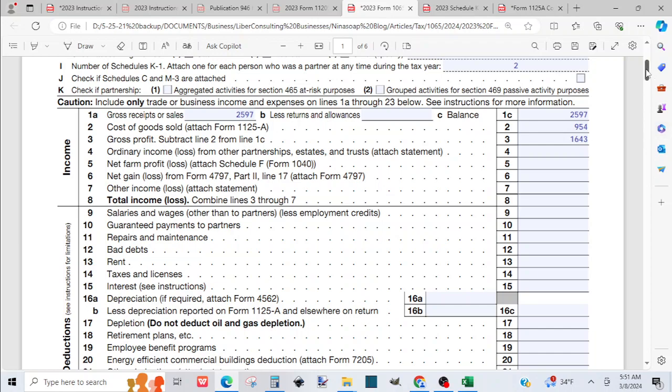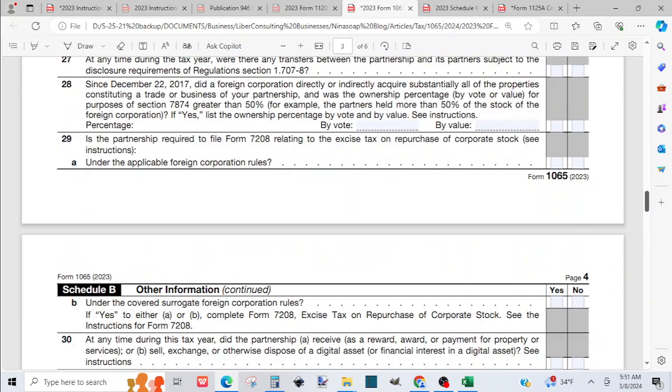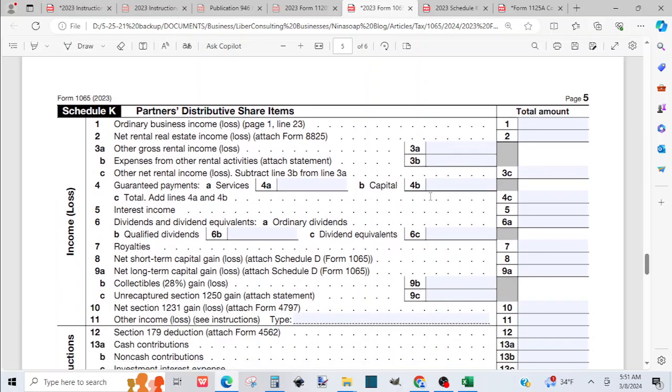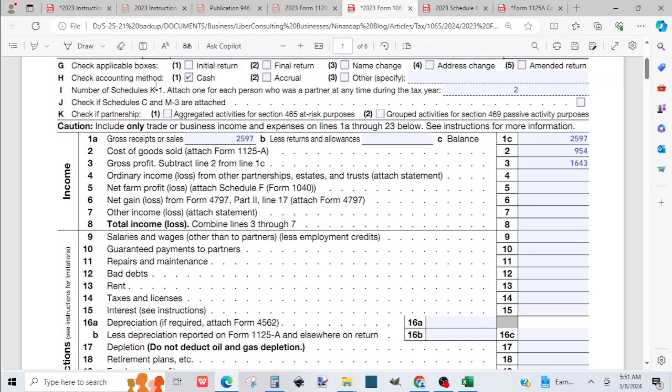They will go on schedule K, and we can scroll and see schedule K. That'll be the profit or loss from form 8825 that you'll put on line 2 of schedule K. Only ordinary business or trade or business activity will go on page 1, only trade or business income and expenses.